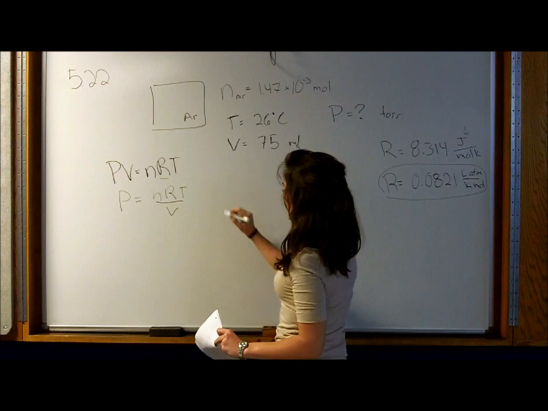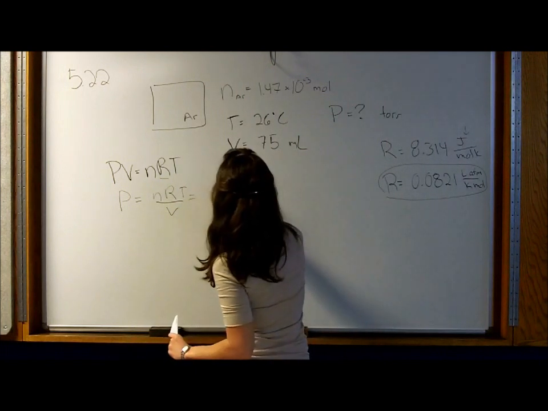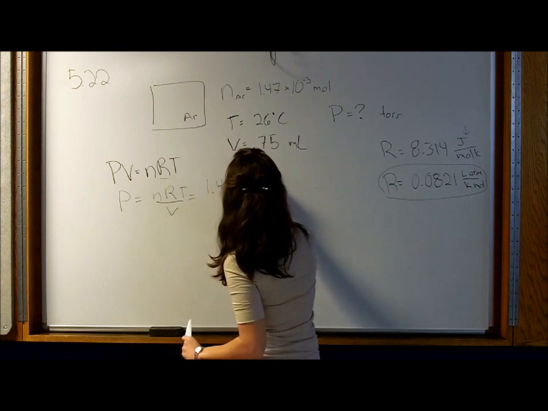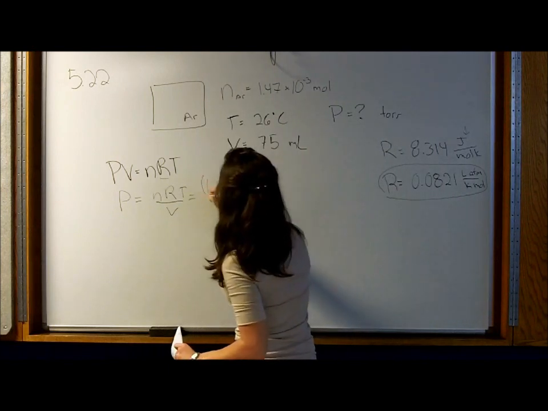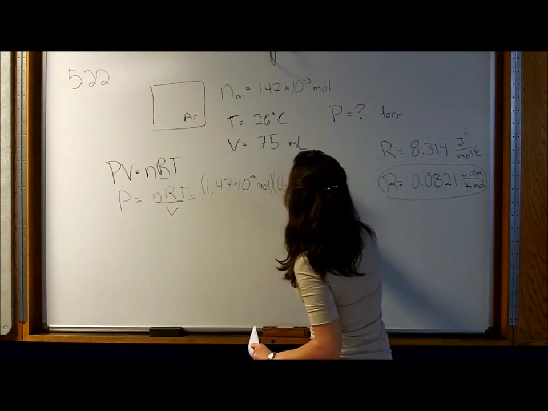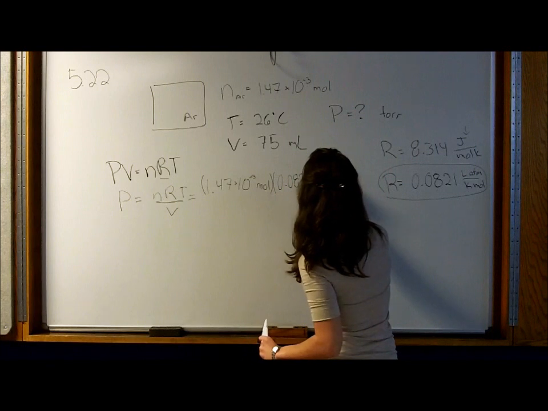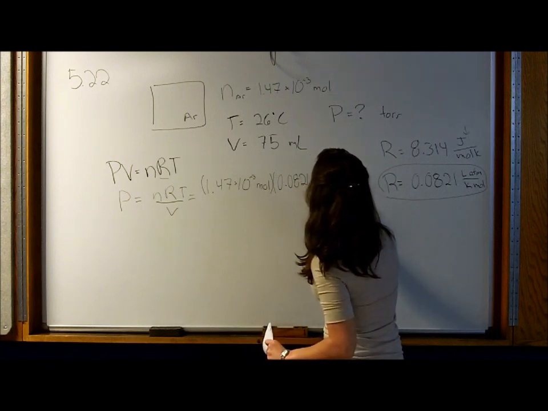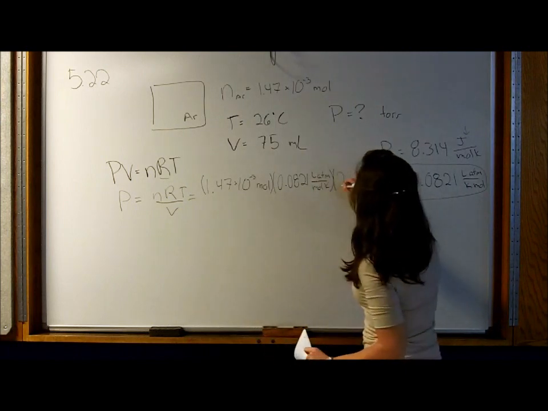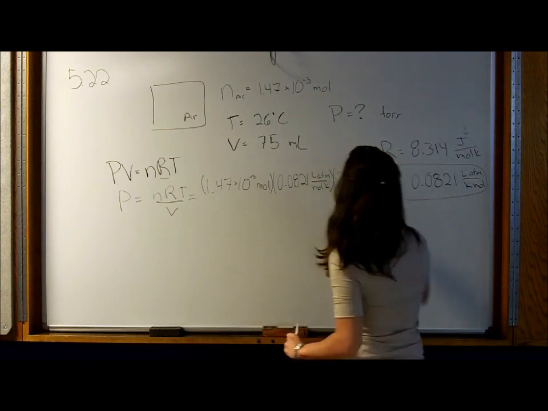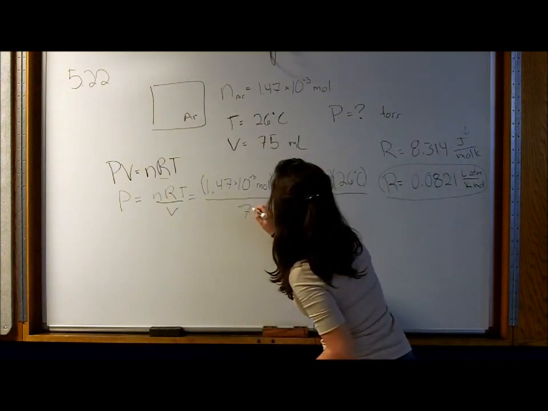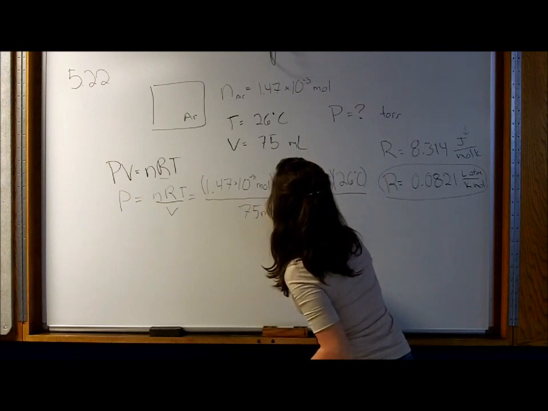So we have N times RT over V. And plugging in our stuff, we have 1.47 times 10 to the negative 3 moles times 0.0821 liters atmospheres over mole Kelvin, and times temperature, 26 degrees Celsius, over the volume, 75 milliliters.